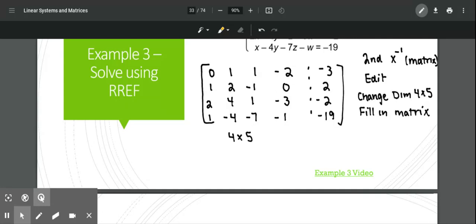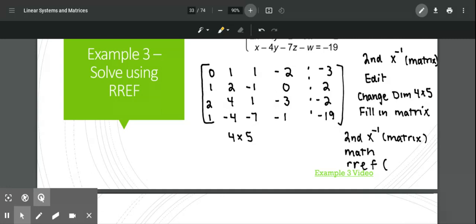So now what you're going to do is go back into your matrix. And once you go back into your matrix, go over to your math and scroll down, mine's letter B, till you get to RREF. It's right below REF. So it'll say RREF, and then it'll have a parenthesis. And hit Enter.